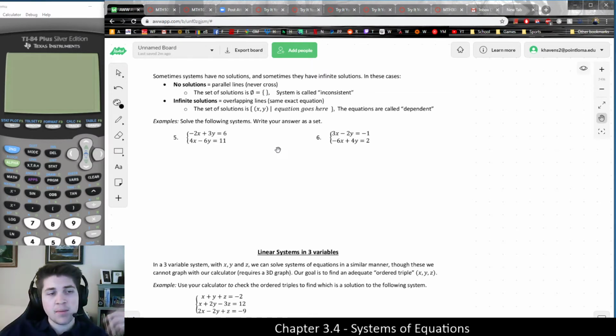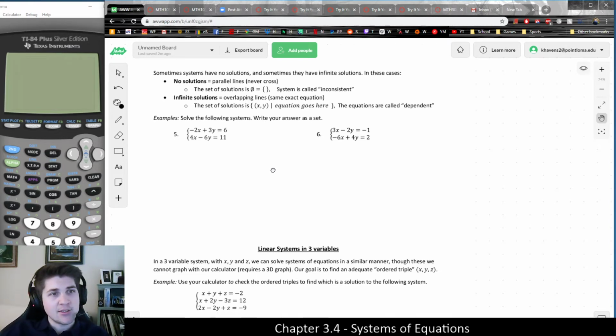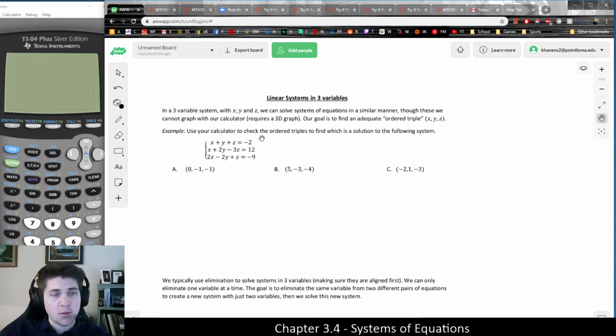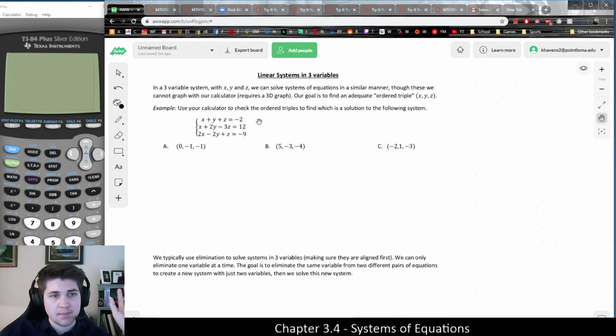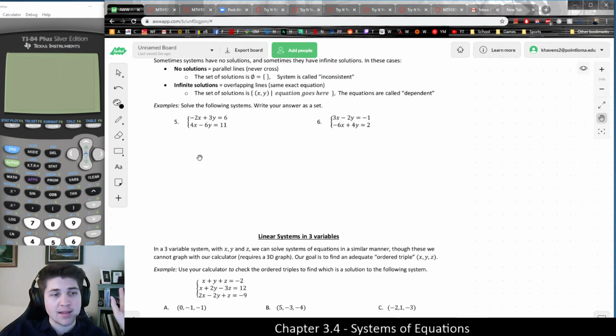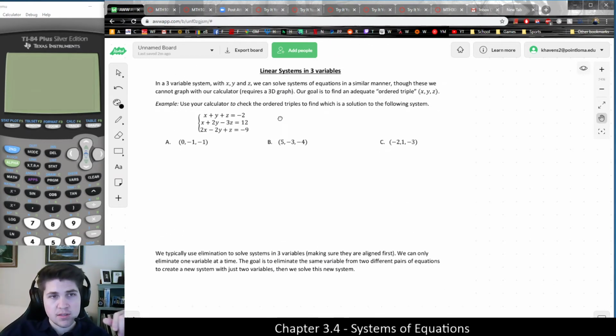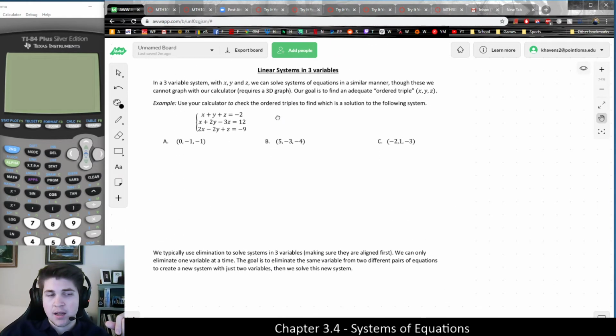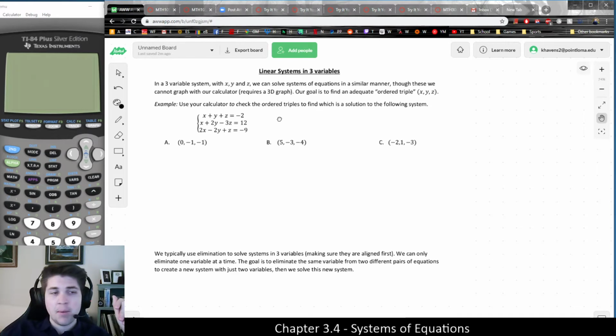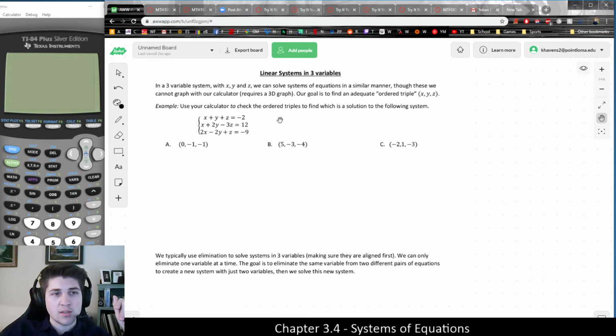And while you probably have seen them in algebra before, they're not really that relevant to us here in business math. I'm not going to test you on them, so I wouldn't really worry about that. But you can go ahead and practice on those and see what will happen to a system that has infinite or no solutions. But let's focus on systems with 3 variables.